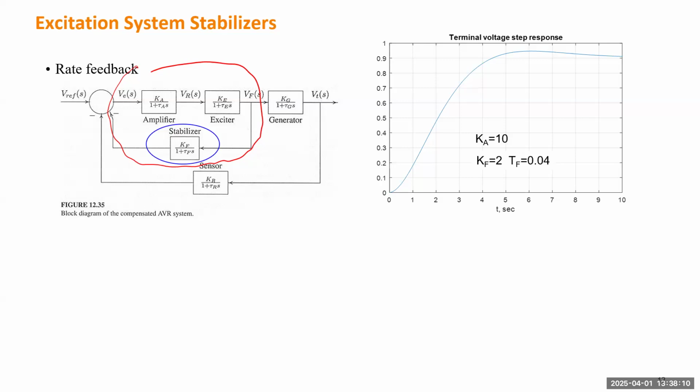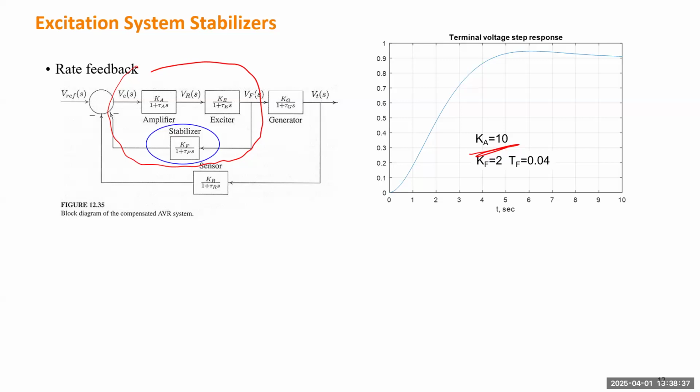For instance, for this case, we still take the gain, which is 10, right? Earlier, this 10 doesn't give you a very good result, but now by adding this stabilizer, you see the curve becomes much more stable, so you can further increase this gain and get closer to 1, which is 100% nominal value.